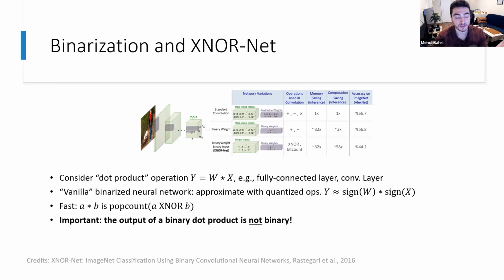But two important things. The first is that the output of the binary dot product is not binary. The pop count is the number of non-zero bits, so it can be any integer. And a second important thing is that the training is done with floating point variables, and usually because of the nature of the sign operation, between -1 and 1. So these are two primers on binarization.